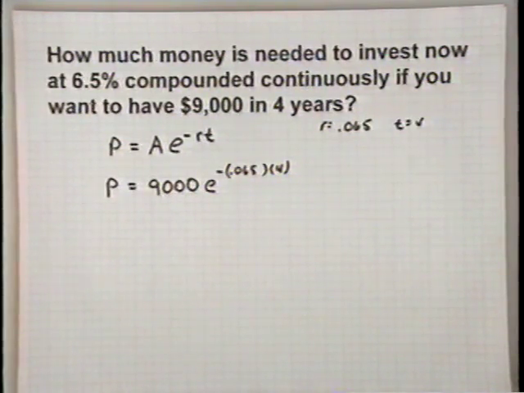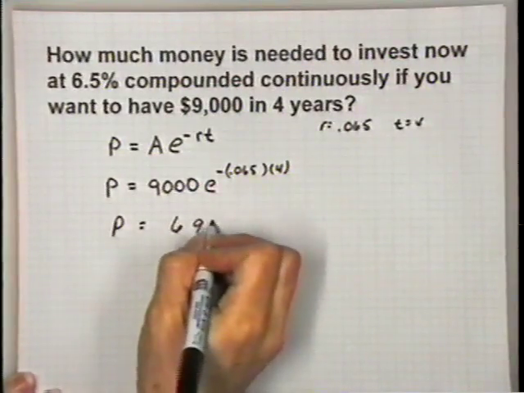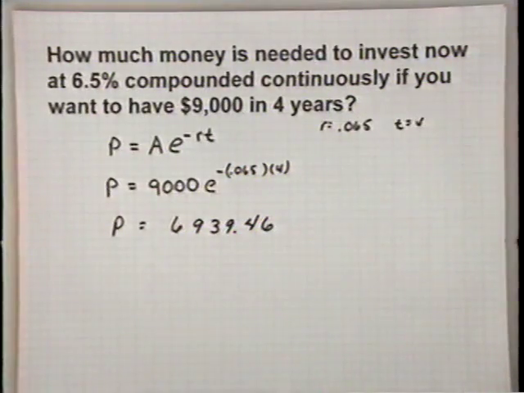I need 0.065 times 4, and I need that negative, and then hit equal to complete. My principal is about $6,939.46.